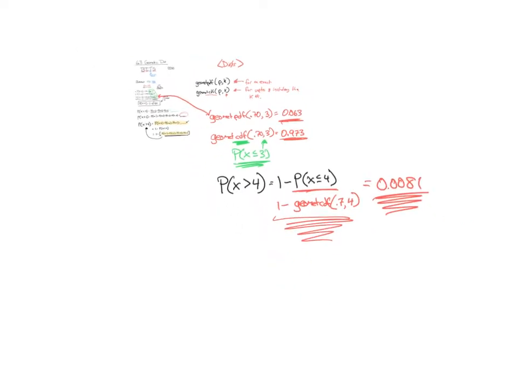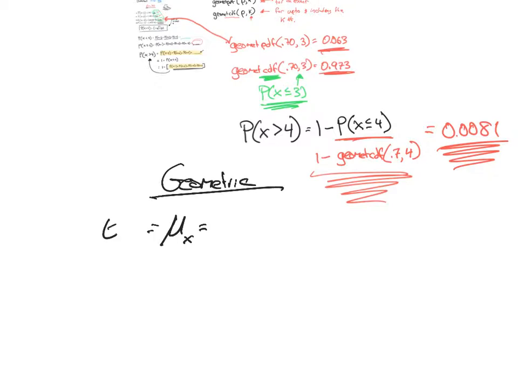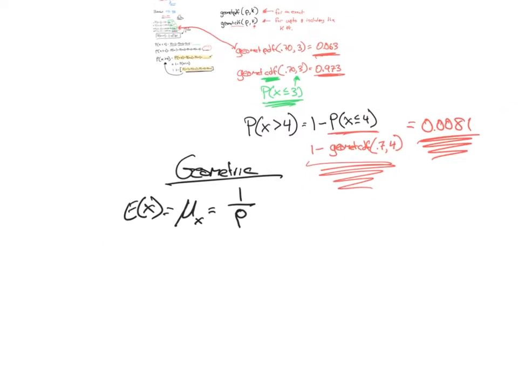Okay, last thing I want you to know for calculation's sake is, how do you find the average of a geometric? Geometric average is also known sometimes as the expected value. So it is pretty simple. It is 1 divided by the probability of success. All right, let's do it on this one.